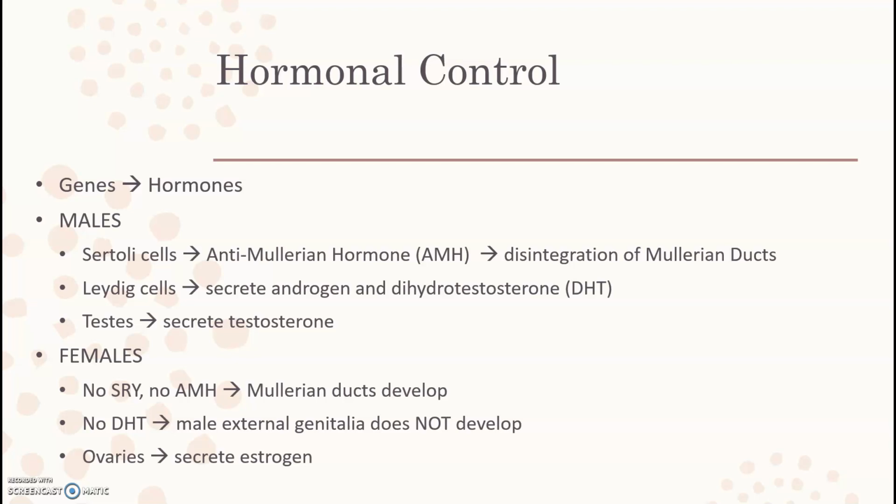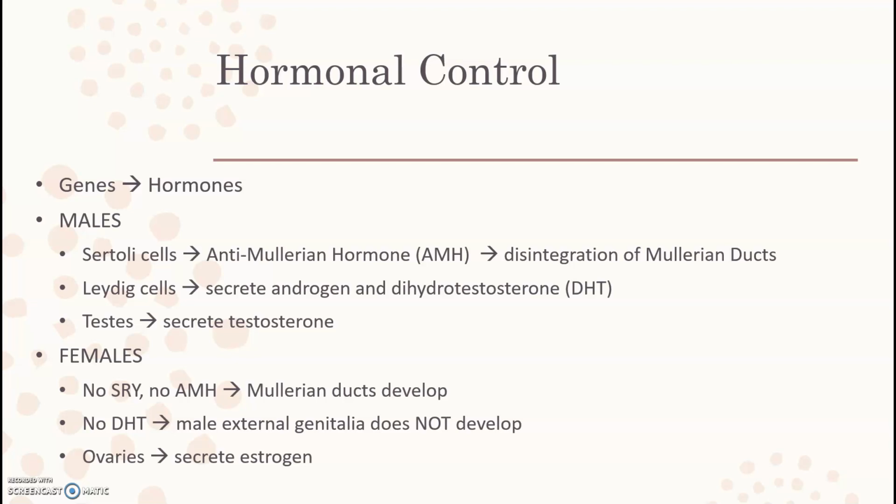Then we have the Leydig cells, and those secrete androgen and dihydrotestosterone, or DHT. DHT is really important because it controls formation of the other external and some internal genitalia for males. And so when we have Leydig cells present, they'll secrete DHT. That's just a brief overview of males.